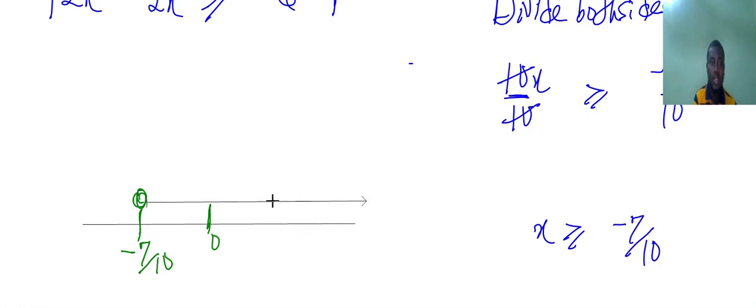All numbers greater than it come towards its right. So x is greater than or equal to minus 7 over 10. Now because of the presence of equals to, the point minus 7 over 10 is also included, so that circle will be shaded. So that's the idea.